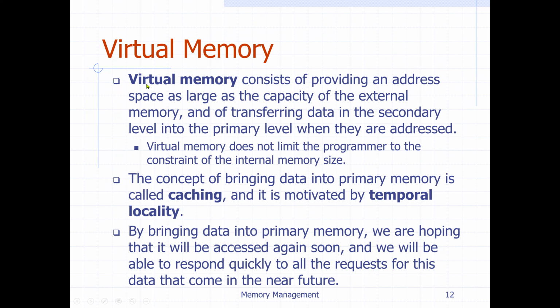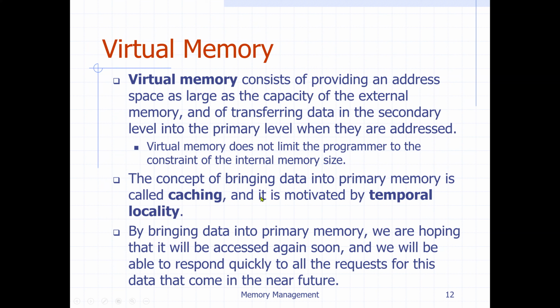So we talked about virtual memory. Previously, we said virtual memory consists of providing an address space as large as the capacity of the external memory, and of transferring data in the secondary level into the primary level when they are addressed. Normally, virtual memory does not limit the programmer to a constraint of internal memory size.